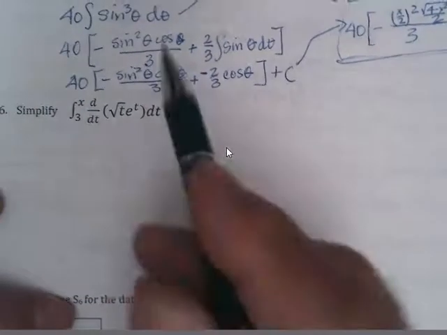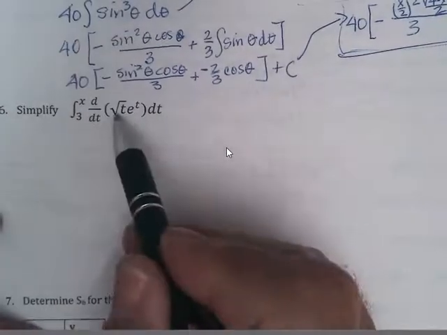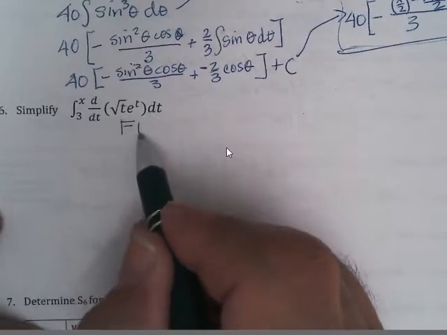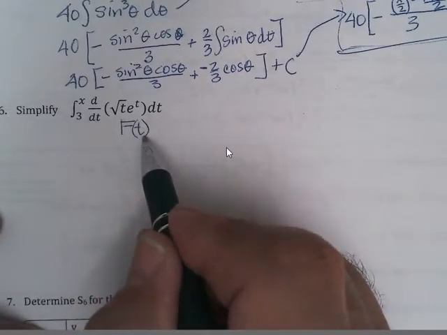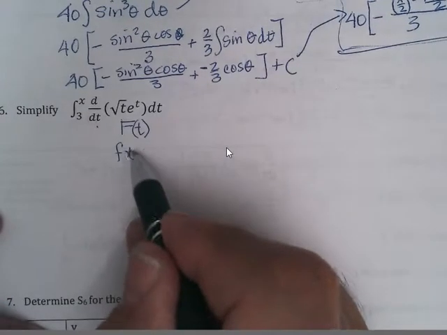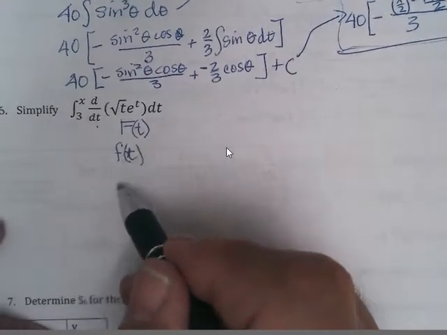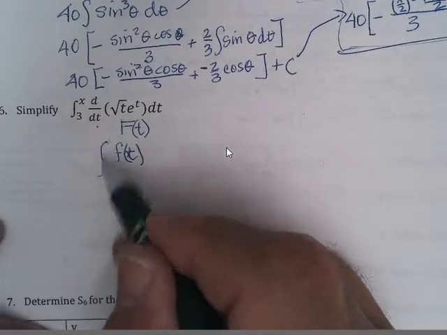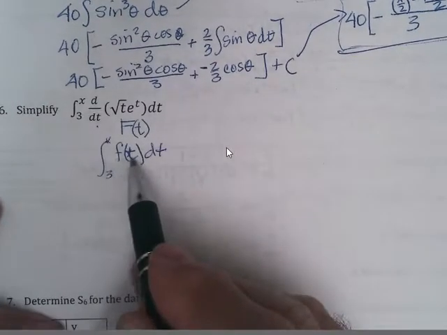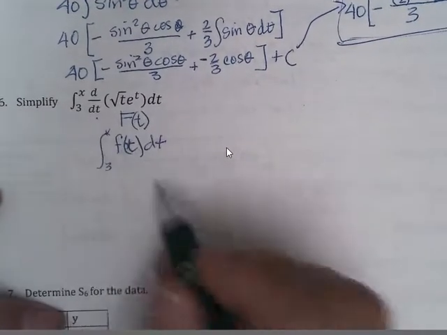number 6. So if we have to take the derivative, it would be advantageous to call this capital F of t. So we take the derivative, we get little f of t, which we don't want to figure out, that we have to integrate from 3 to x dt. The antiderivative of little f of t is capital F of t.